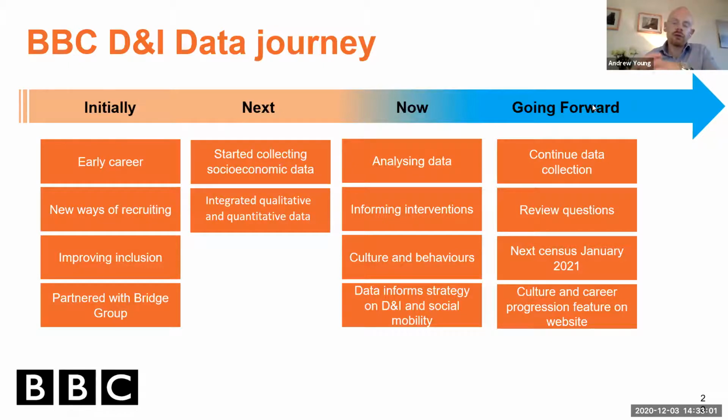And I think we also wanted to try and distinguish between fact and fiction. I think there's this perception that the BBC is a bit posh and middle class and exclusionary, and we just wanted to know what the actual picture was. So we partnered with Bridge Group, who helped us develop our questions, and these were based on the work that they've been doing with the civil service.